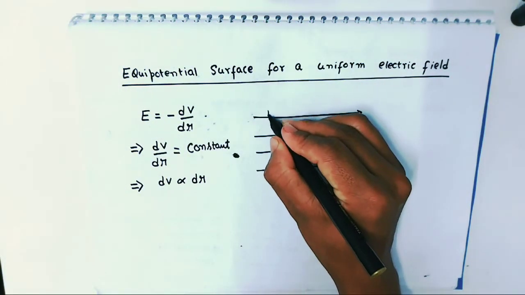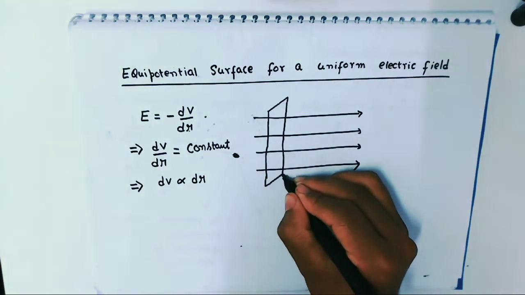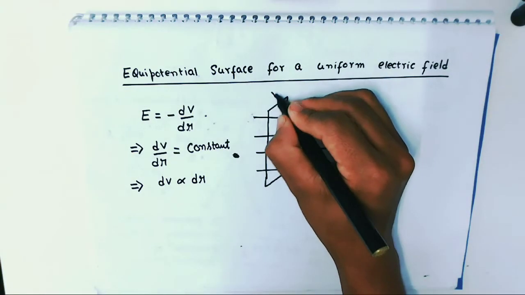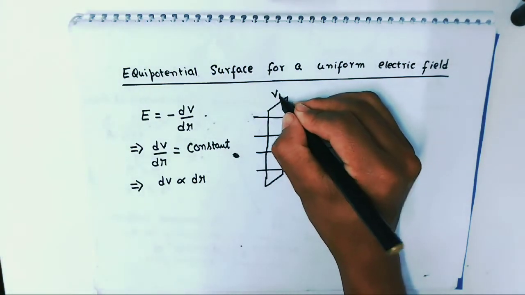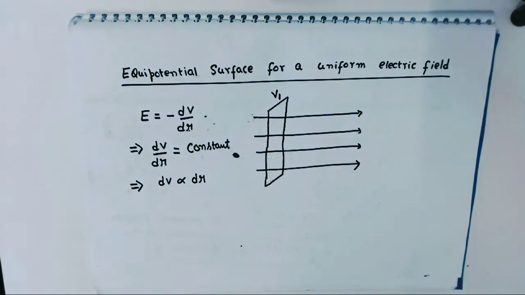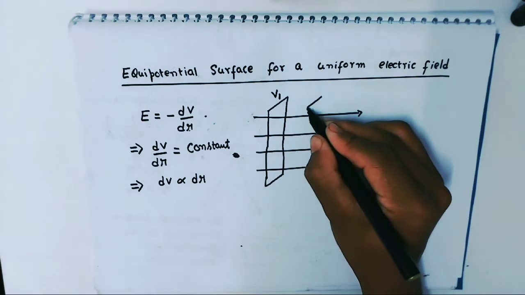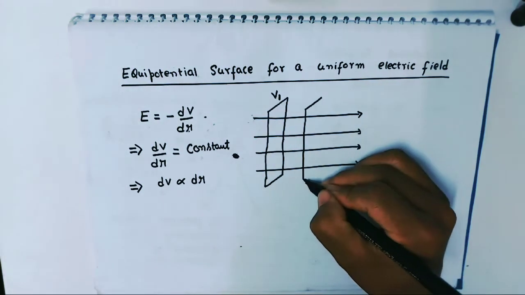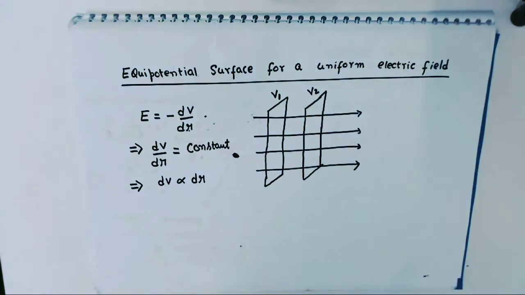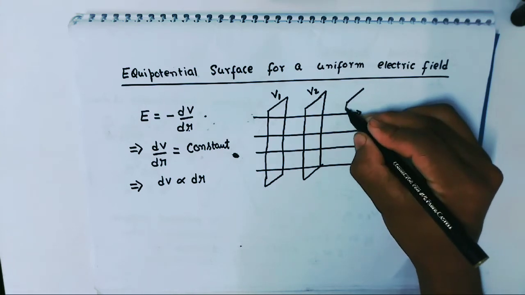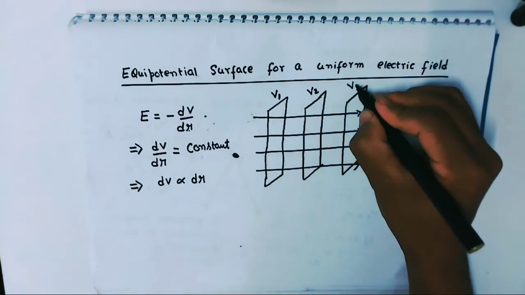So if this is one equipotential surface, say the potential at each and every point on the surface is V1. And then if we draw another equipotential surface, say it is V2, and then another equipotential surface, say it is V3.